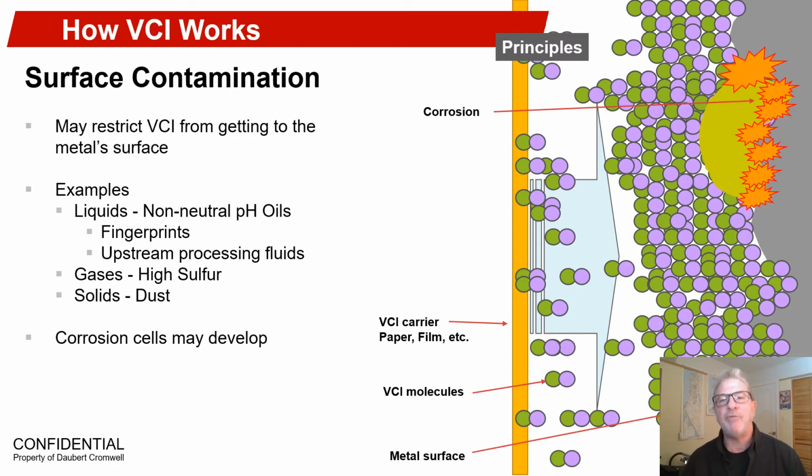For example, if the metal surface is not clean, it may block the VCI from getting to the surface. If that metal is contaminated, it can also lead to corrosion. Examples of contamination include non-neutral pH oils like fingerprints or upstream processing fluids. They also include high sulfuric acids and even dirt or dust.